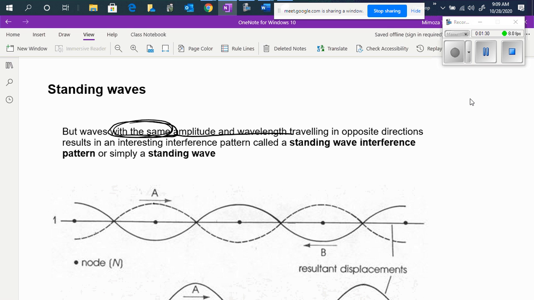Where the maximum and minimum of the waves meet, this is called nodes. So those are the nodes of the wave. The resultant displacement of those two waves is cancelled out, nothing exists there.